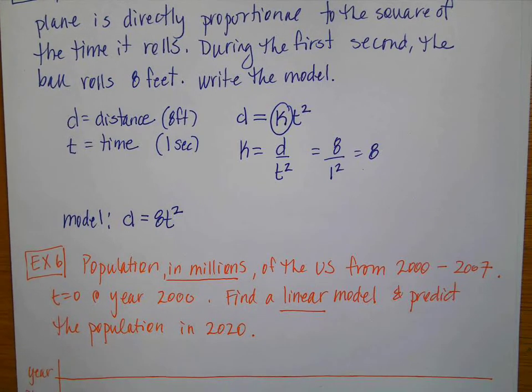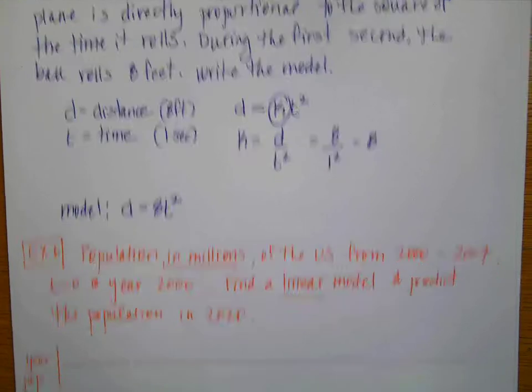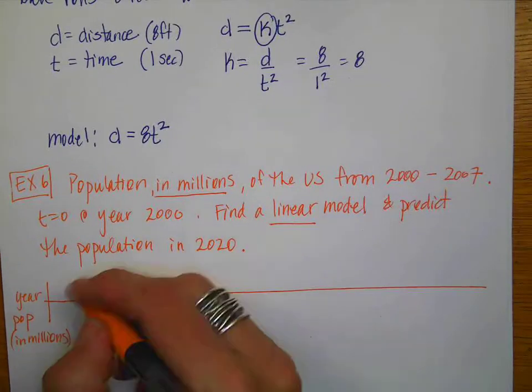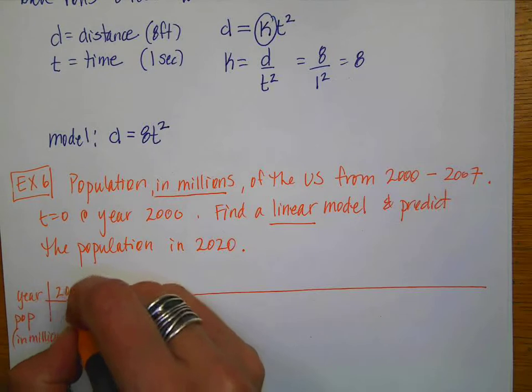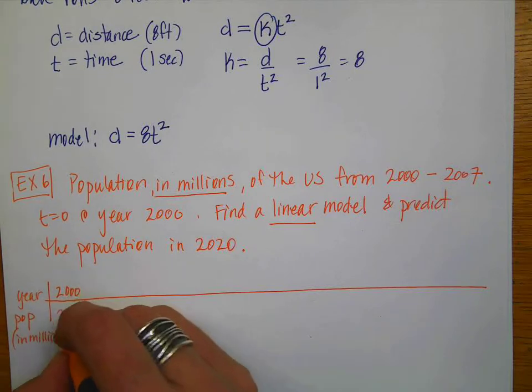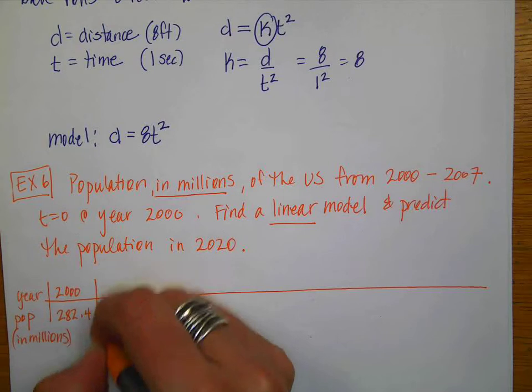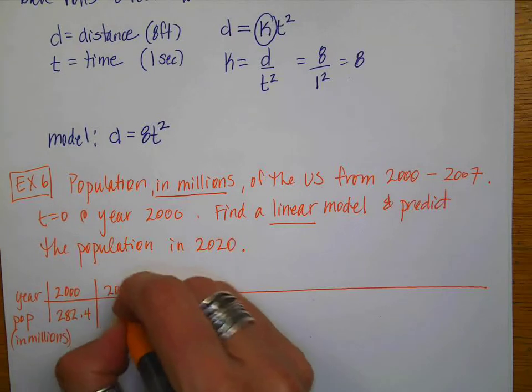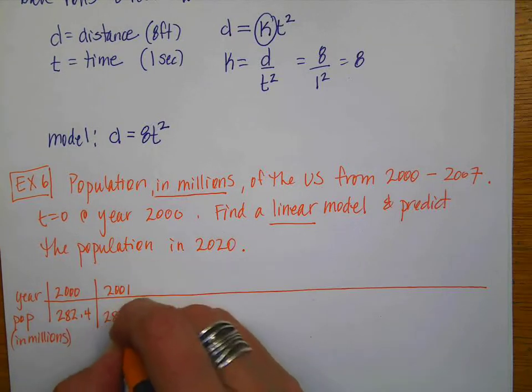All right, so as we get started on our problem, I'm going to draw our data, try to squeeze it all in on one line. So this is going to be the year, and then this is going to be the population. And remember, this is in millions, which is going to be important when we report our answer. So in the year 2000, there are 282.4.